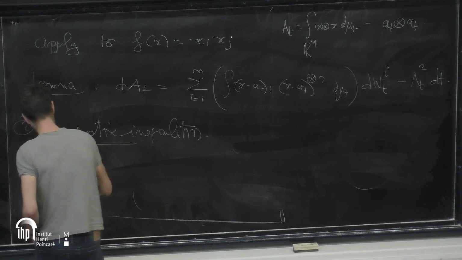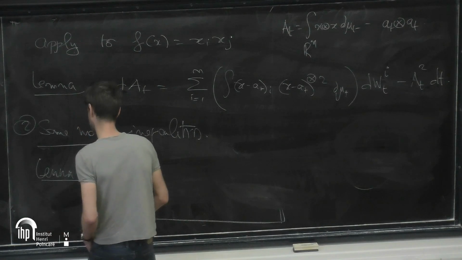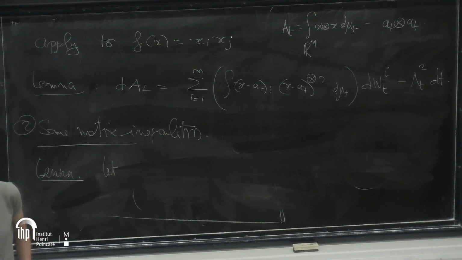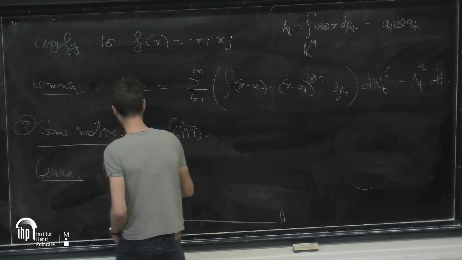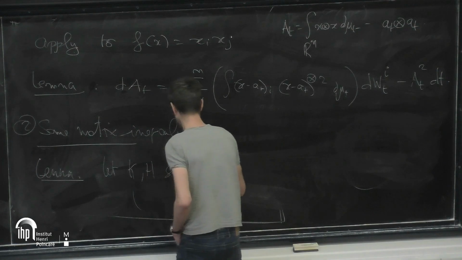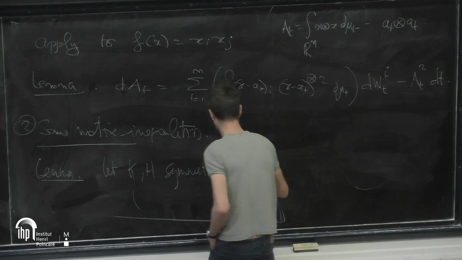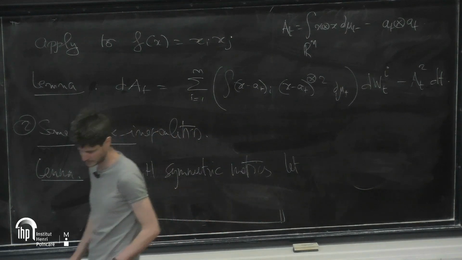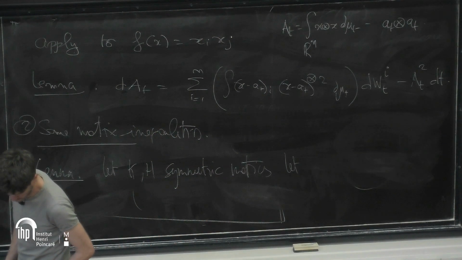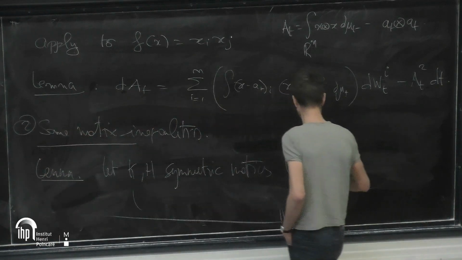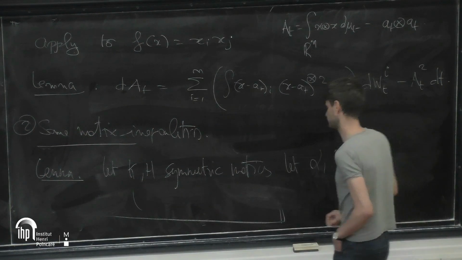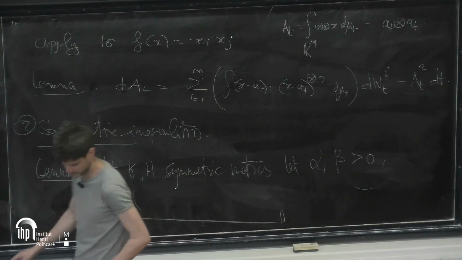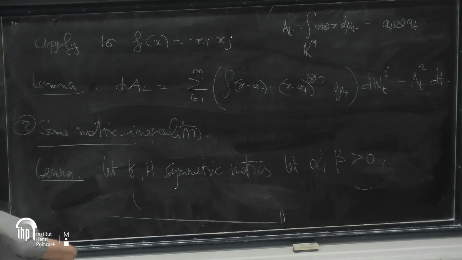Lemma. Let K, H be symmetric matrices, and alpha, beta positive, and I'm assuming one of the two is non-negative.